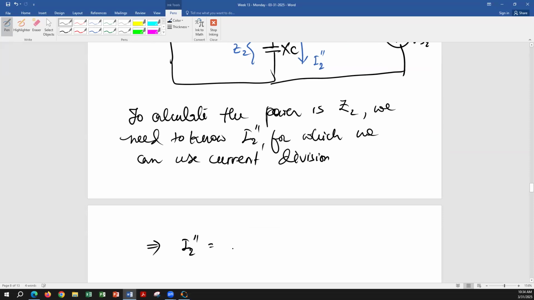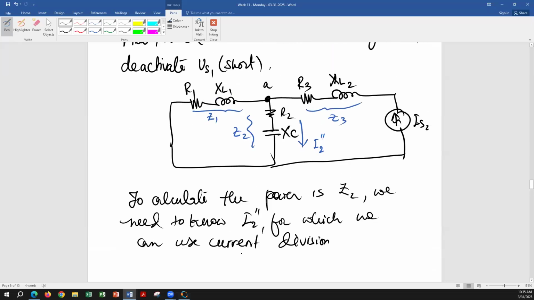I2 double prime is, all right, who is going to tell me if I'm writing current division, then what will be my equation? Hold on, hold on. Yes.